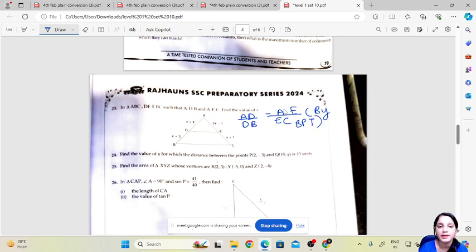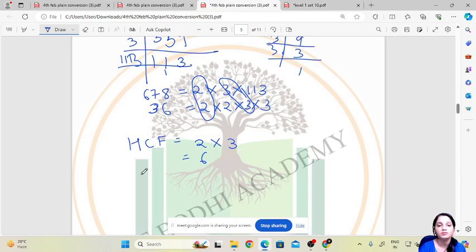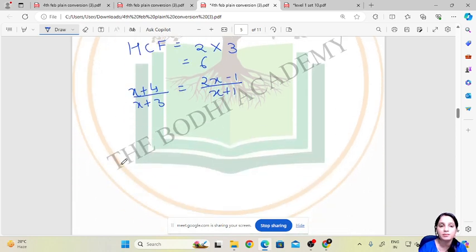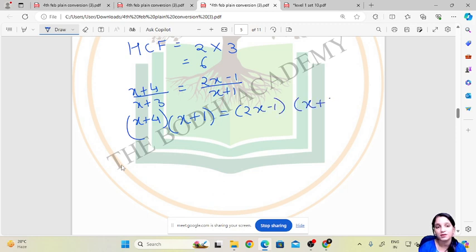So AD upon DB is x plus 4 upon x plus 3 equal to 2x minus 1 upon x plus 1. So when we cross multiply, it will be x plus 4 into x plus 1 equal to 2x minus 1 into x plus 3.